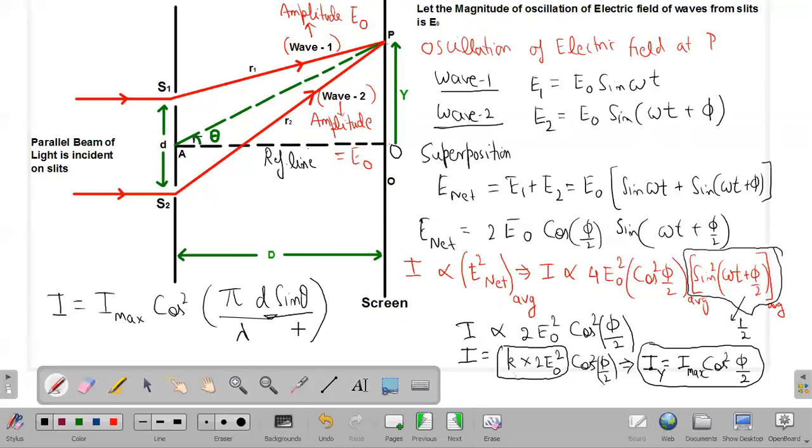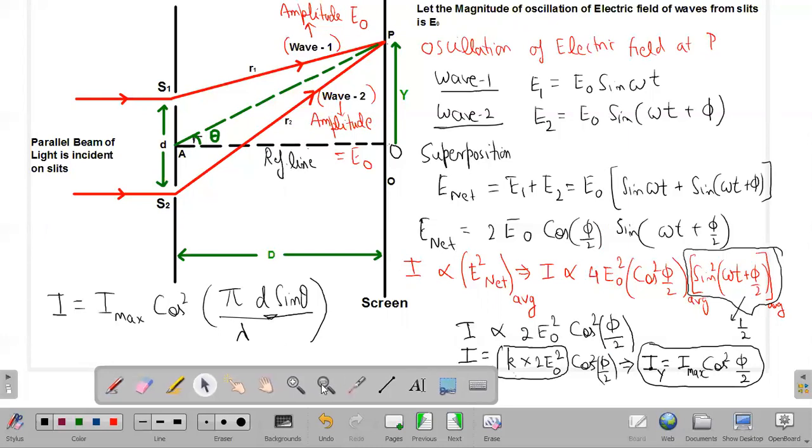And if this theta is a small angle, you can convert this intensity in terms of y also.